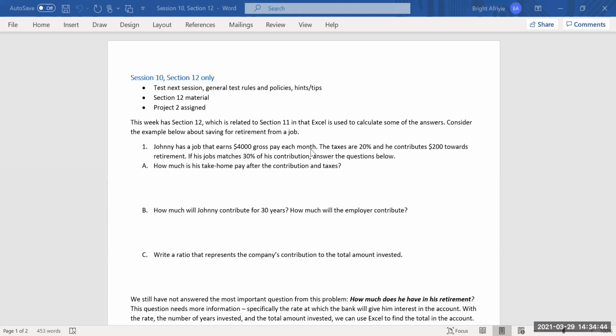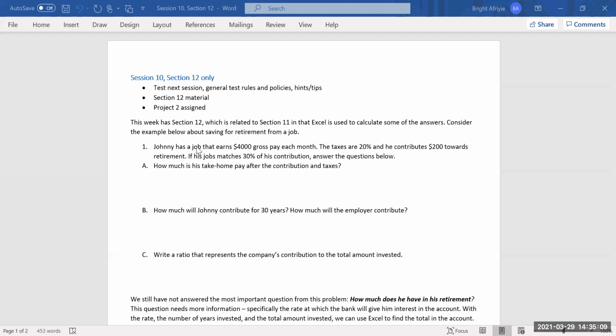If you already watched the section video on section number 12, let's look at these problems together. Number one: Johnny has a job that earns $4,000 gross pay monthly, taxes at 20%, and he contributes $200 towards his retirement. If his job matches 30% of his contribution, we want to answer the questions that follow.